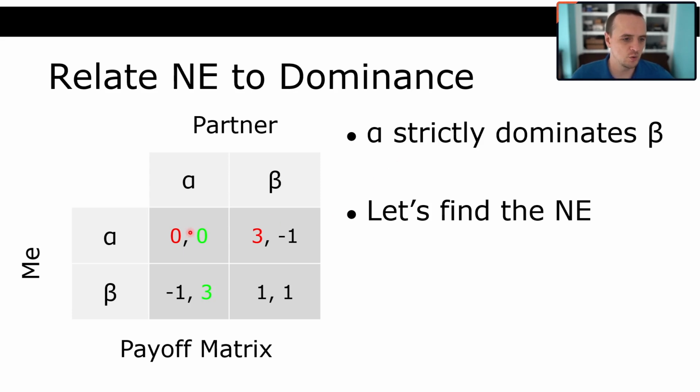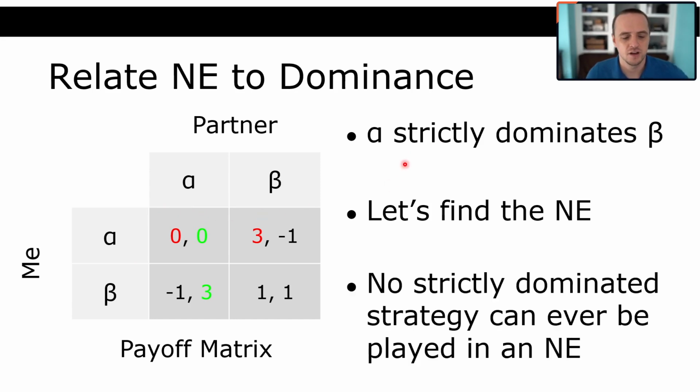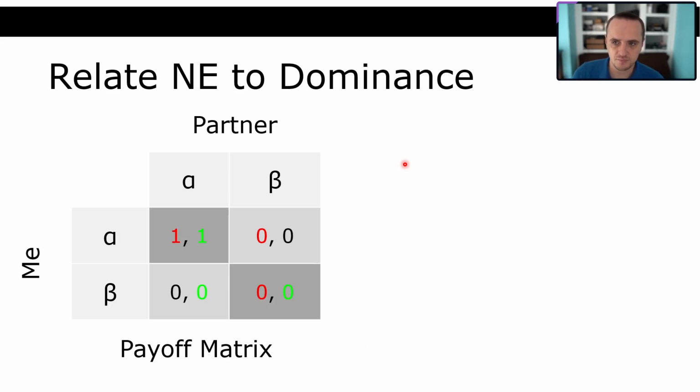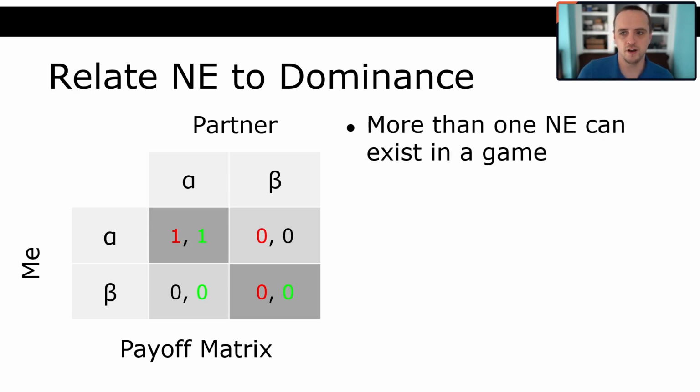And so the Nash equilibria would be at alpha, alpha, and no strictly dominated strategy can ever be played in a Nash equilibrium. That's really strong. It means that we're never playing a strictly dominated strategy. And more than one Nash equilibria can exist in a game.